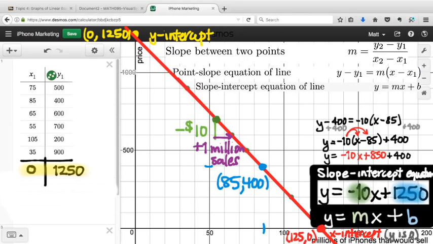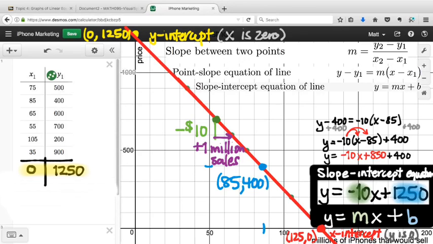At the y-intercept, what's equal to 0? So at the x-intercept, y was 0. At the y-intercept, x is 0. And so back into context, what does that mean about my iPhone sales? It means I'm selling no iPhones at that point.